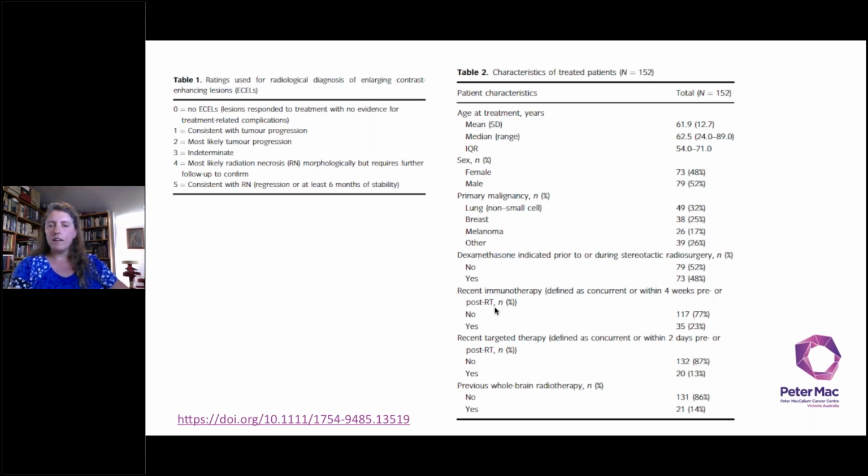And we can see here that we have a number of characteristics for these patients. Some of them are continuous characteristics, like the age that the patients were treated in the study. We're presenting this continuous variable with a mean and a standard deviation to capture how wide the age distribution is. We've also got the median and range and an IQR, which is an interquartile range.